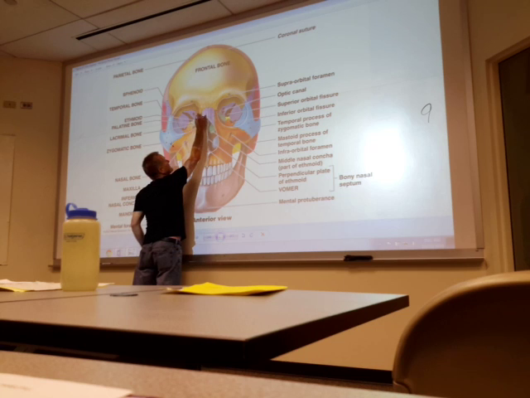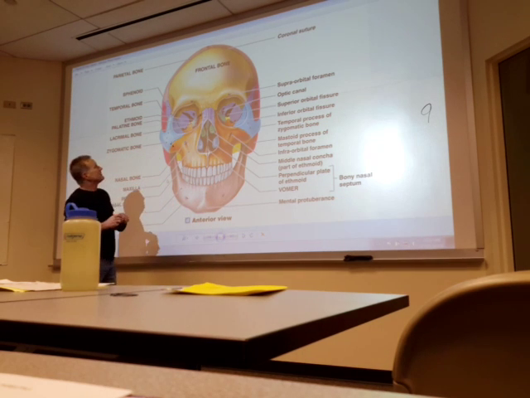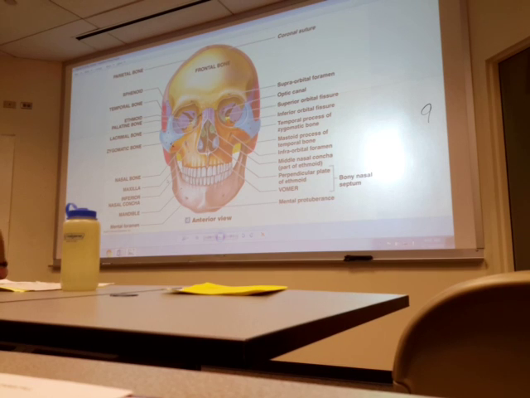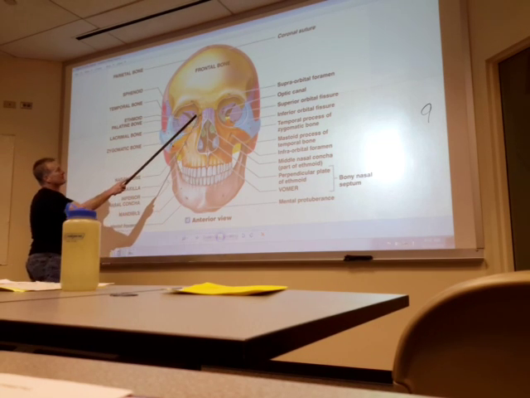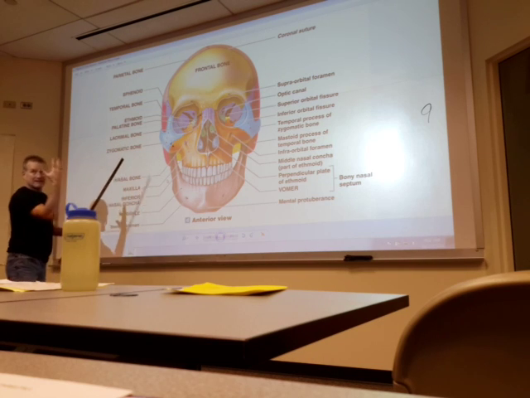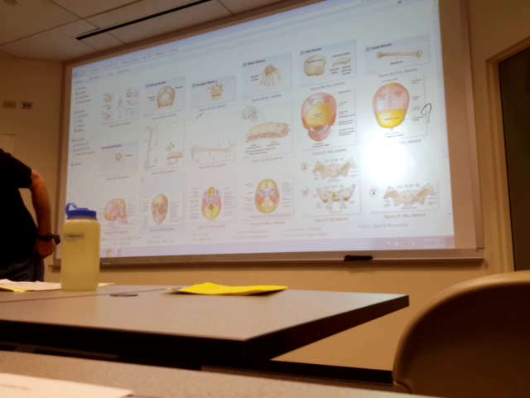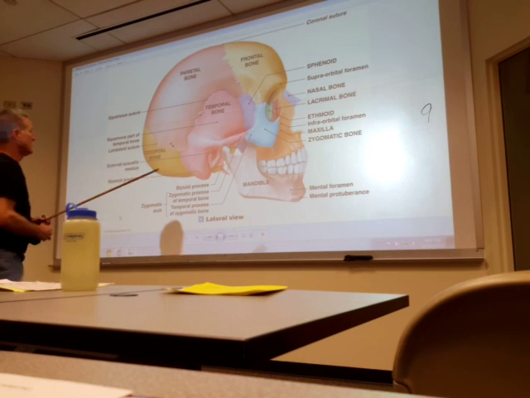Okay, this one, and this one's on your bone chart, I know. Put a little Z there. That's the frontal process of the maxilla, because it articulates with the frontal bone. If we rotate this, so we're looking at the side, you'll see a couple more that are on your bone chart.